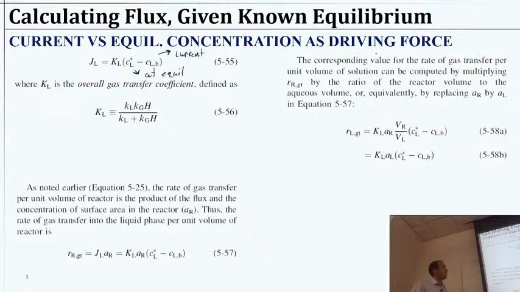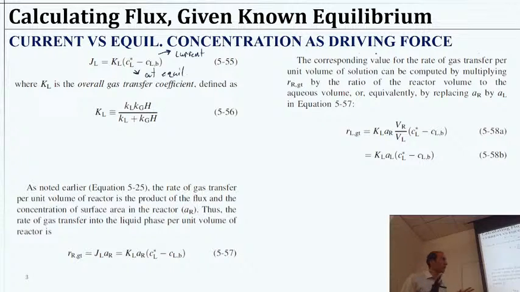Okay, so then we have this driving force, or this concentration differential, times this overall constant, which ultimately gives us that driving force and flux. So we can also describe this overall gas transfer coefficient by saying this should be the lowercase kl times the lowercase kg times the Henry's law constant, divided by kl plus kgH.